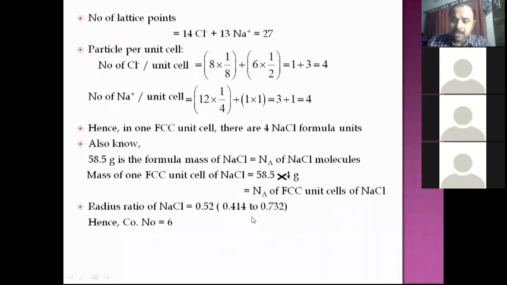In this range, the coordination number would be 6. That means every Na+ ion will have 6 nearest Cl- ions, and every Cl- ion will have 6 nearest Na+. You can say the coordination number Na+ to Cl- is 6 to 6. Since it is the same number, you can simply say 6.